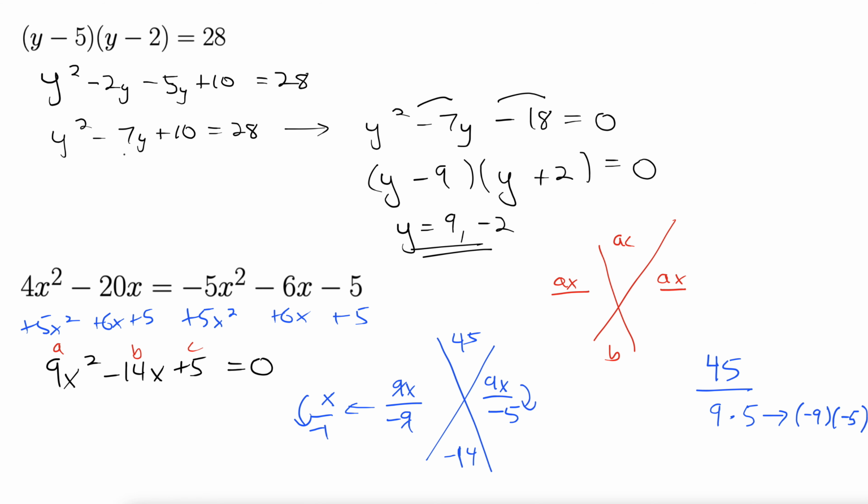So our factors are indeed x minus 1, 9x minus 5 equals 0, which we can then quickly solve with the zero factor property. X equals 1, x equals 5 ninths. There we go. Both of these are good exam level questions.